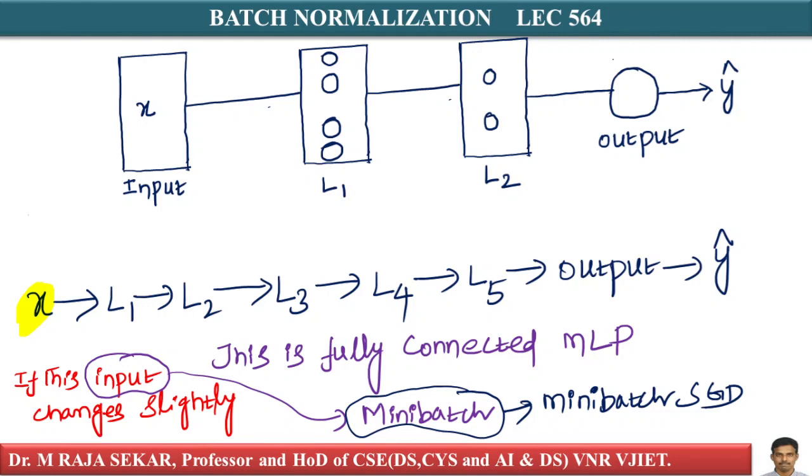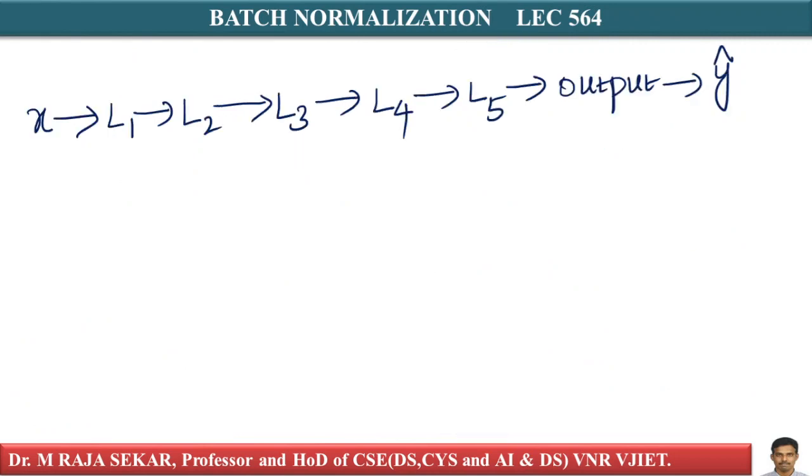The problem is, because you have so many layers, L1, L2, and so on, even though at input level everything is well normalized, a neuron at a very deep layer starts to notice that between one batch and another batch the distribution is very, very different.